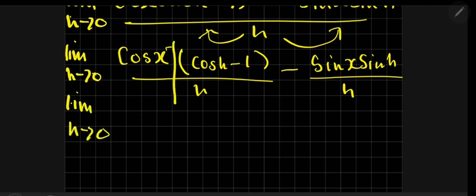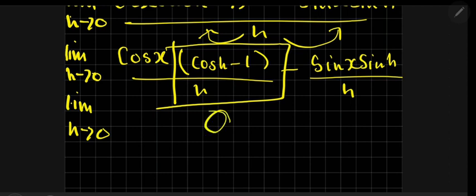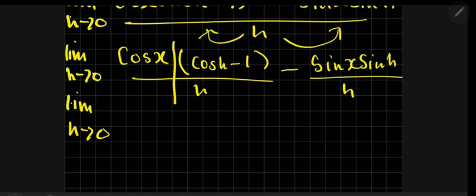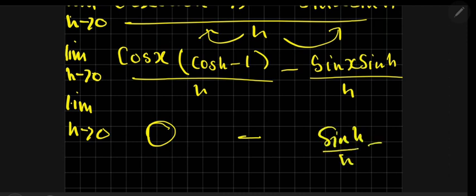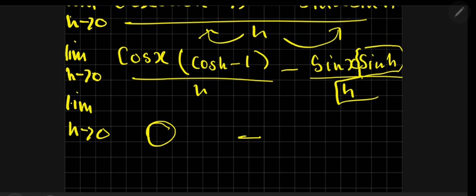Remember that this expression here is equal to 0, and 0 multiplied by cosine of x is just 0. So here we'll have a 0 minus, and remember that sine h over h is equal to 1. We see that here we have sine h divided by h, and this will be equal to 1, and 1 multiplied by negative sine x would just be negative sine x.